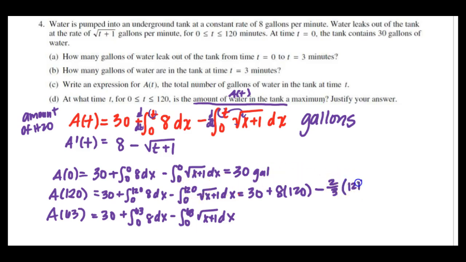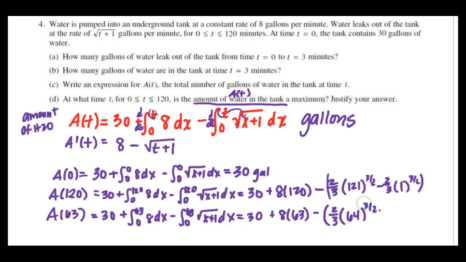So this is 121 to the 3/2 minus 2/3 1 to the 3/2. And then here, this would be 30 plus 8 times 63 minus, and then we have 2/3 63 would become 64 to the 3 halves, and then minus 2/3 1 to the 3 halves.